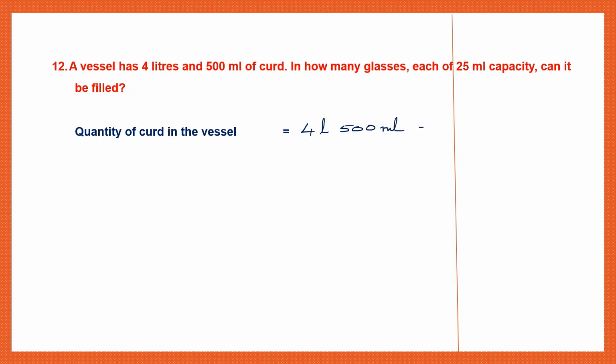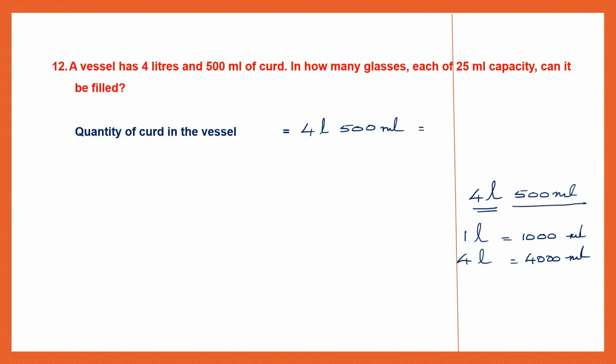Now let's convert all this into milliliters. So 4 liters, 500 milliliters. 1 liter has 1000 milliliters. So 4 liters will be 4000, isn't it? 4000 milliliters. Now what do we do with this 500 milliliters?